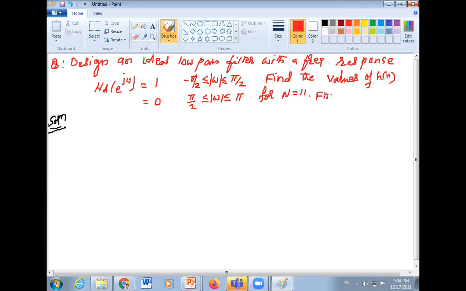Find H of z, and plot the magnitude response. Now let us understand the solution of this.